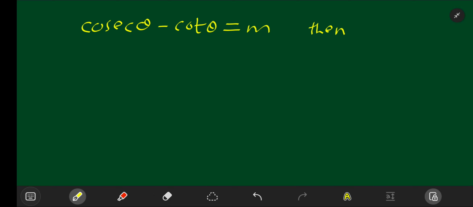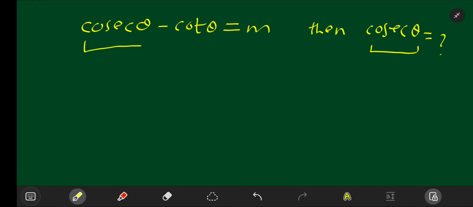Next, let me do another one. Cosec theta minus cot theta is equal to m. Then find the value of cosec theta. He is asking the cosec theta value.